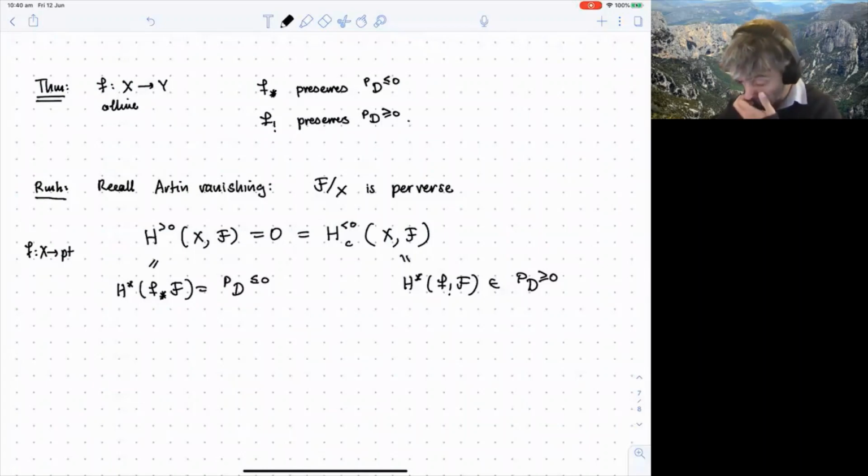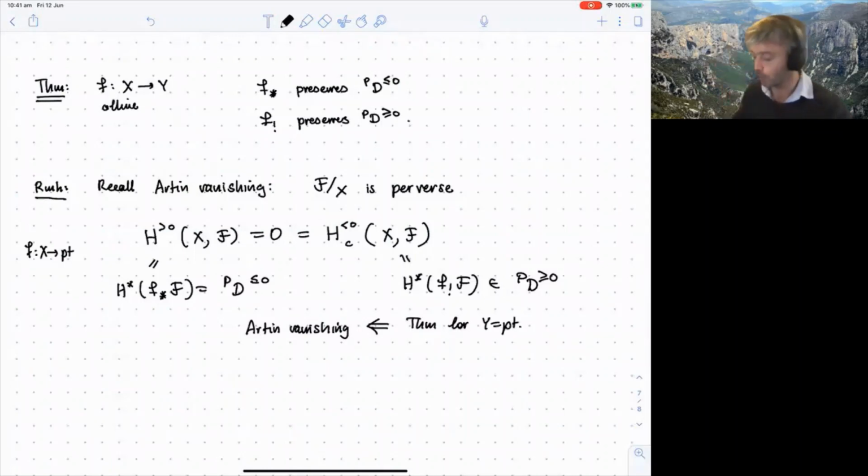So the moral is that Artin vanishing is a consequence of the theorem for y equals a point. And just an exercise.